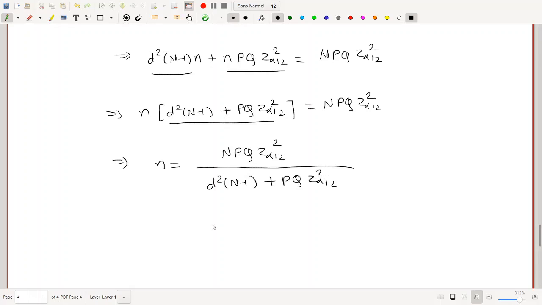If we divide both sides by d square by N, then there will be PQ z alpha by 2 square in the numerator.